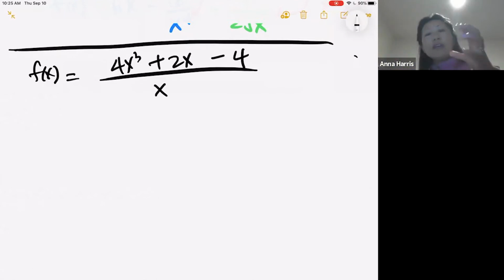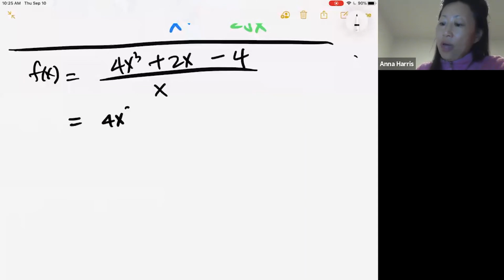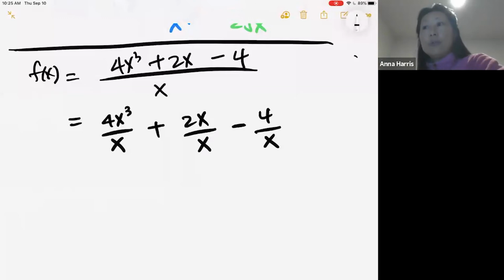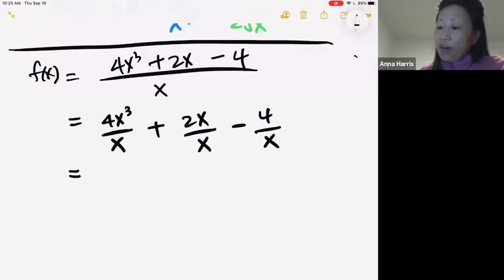Right now, they're combined as one denominator with the 3 terms in the numerator. So you need to rewrite it as 4x to the 3rd divided by x, plus 2x divided by x, minus 4 divided by x. Then you know what to do. You can just simplify it and then take a derivative. So let's simplify first before we take a derivative.